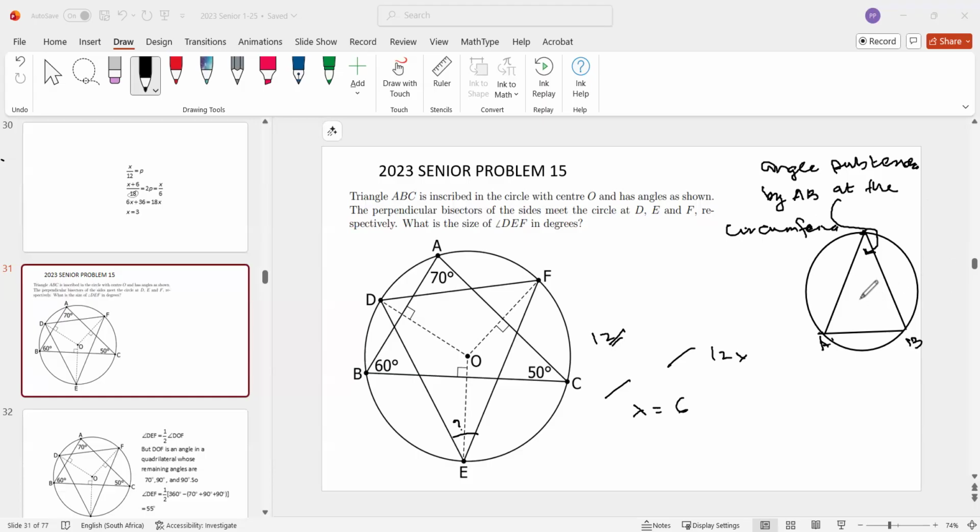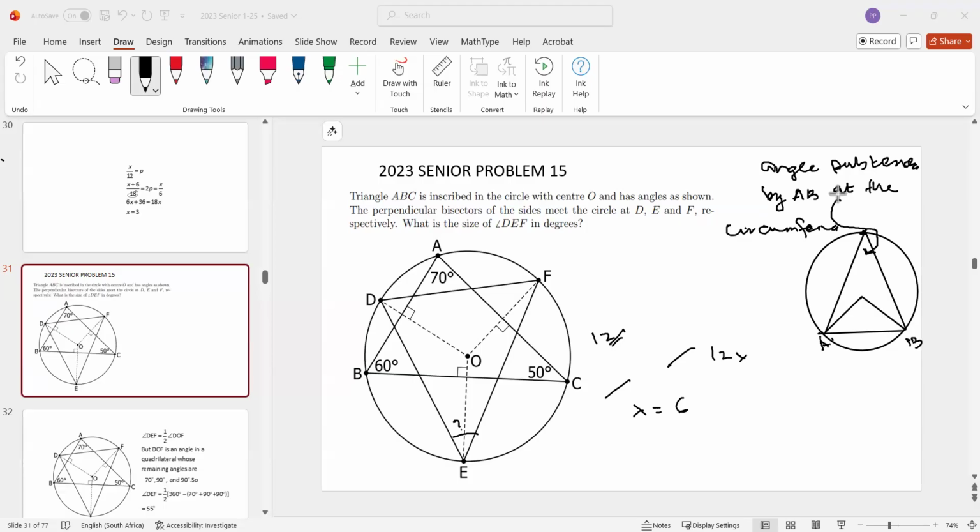Okay. Now, there's also a center for the circle, and you could do the same thing and find out what is the angle subtended by AB at the center. So the way to do that is start from one end, go up to the center, and then from there, join it to the other end of the chord.